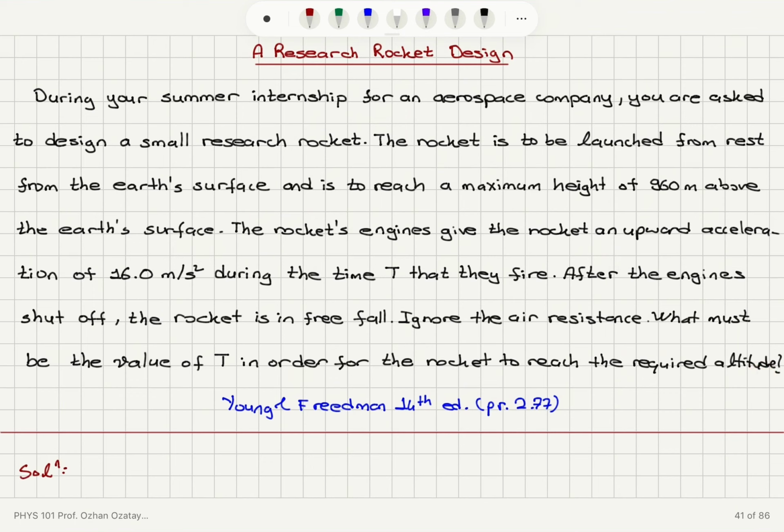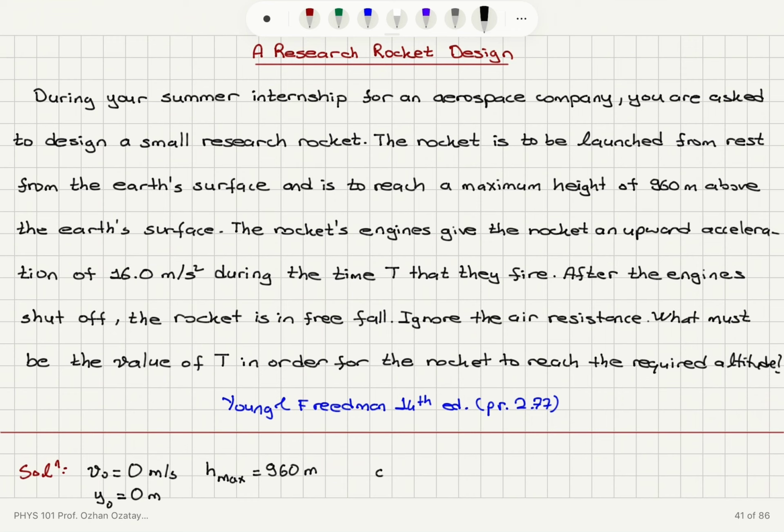altitude? Okay, so the rocket has an initial velocity 0, starting from rest. Initial height is 0 meters. And it's to reach a maximum height of 960 meters.